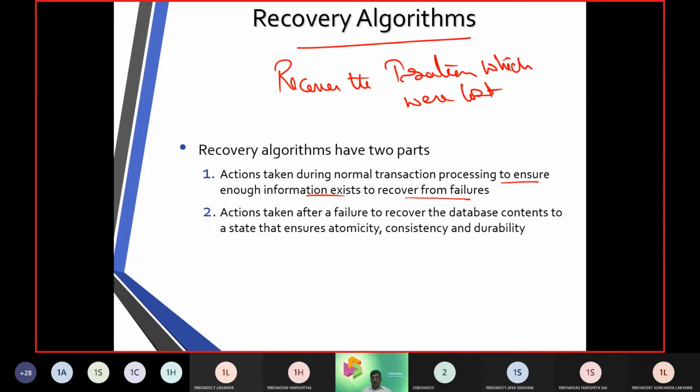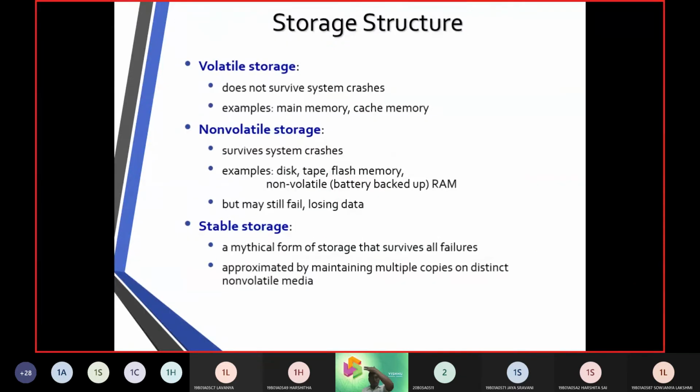The actions taken to recover from failure work with the ACID properties: atomicity, consistency, durability, and isolation. Whatever transactions we make, they are going to be followed in the same way.